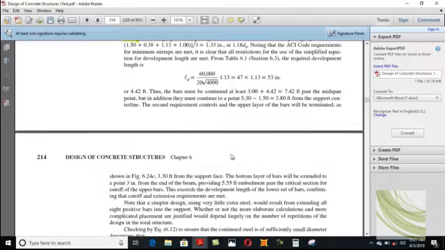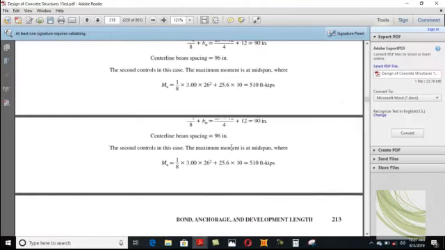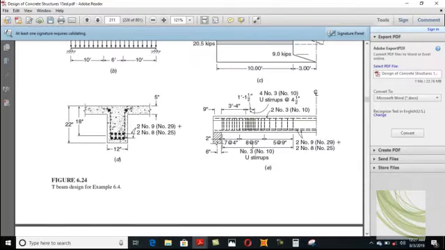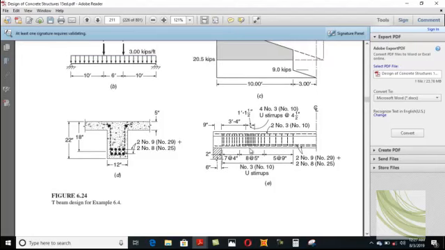You will understand how we can get the actual cutoff point from the theoretical cutoff point, how we extend the theoretical cutoff point to the actual cutoff point. Remember, most of the time designers don't do this calculation.